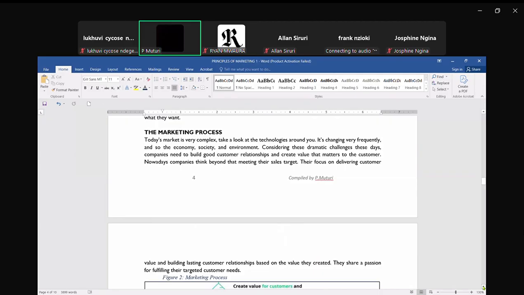So we are saying in today's world of business, today's market is very complex, because if you just think about what's been happening in the last few years, there are a lot of technologies that have come into play, especially in the area of marketing. That is perhaps where technology has made a very big contribution, even in other aspects of business, but in marketing, there's a huge interplay of how technology is changing the way marketing is done.